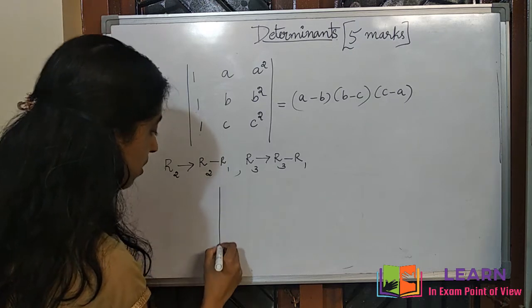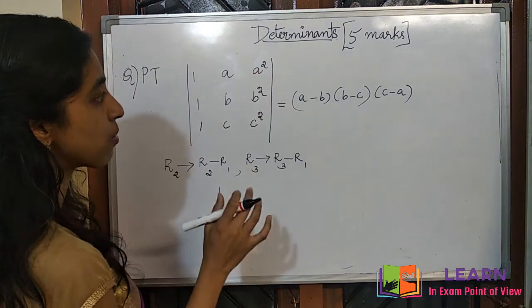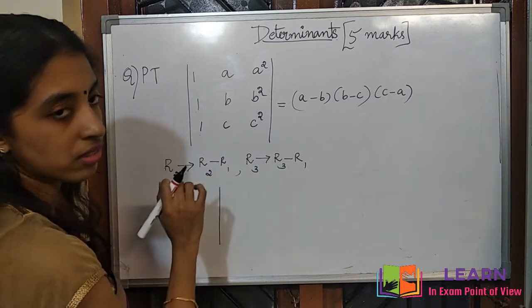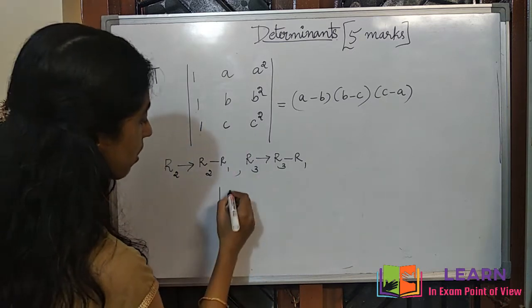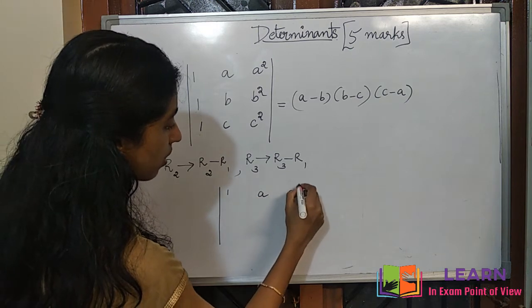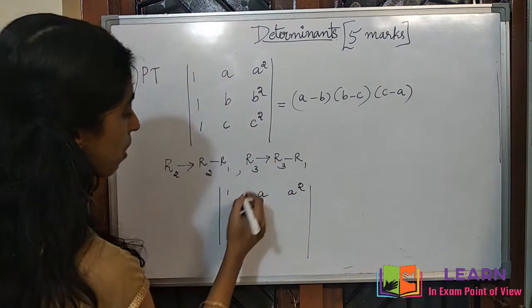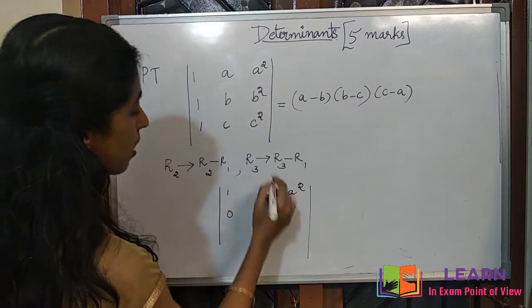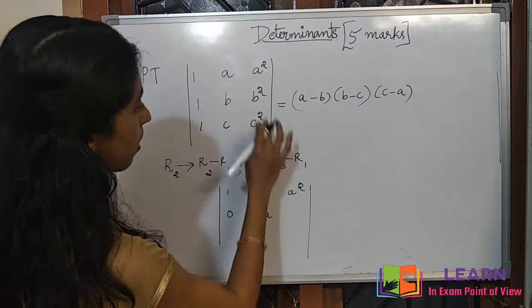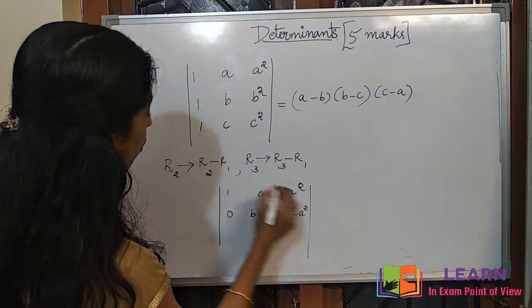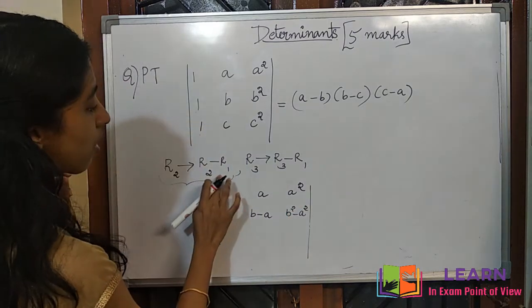After performing this elementary operation, the first row remains as such because we are operating on R2 and R3. So for this determinant, 1 a square has no change, and for the second row, 1 minus 1 we have 0, b minus a, b square minus a square.